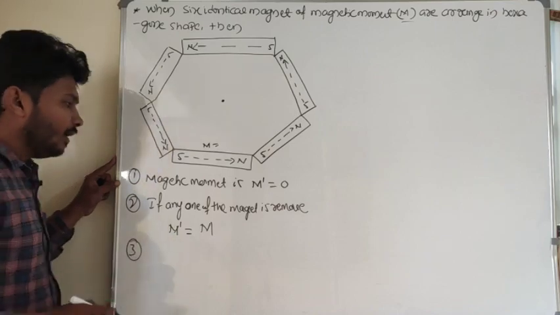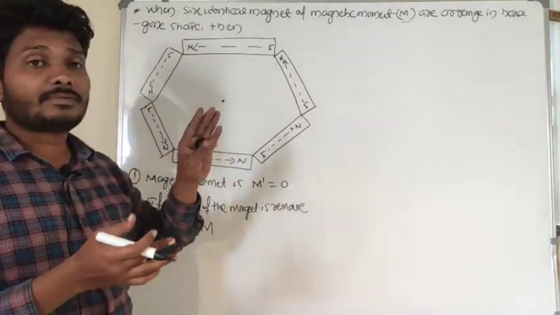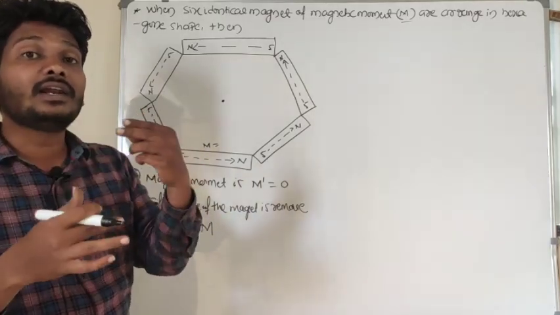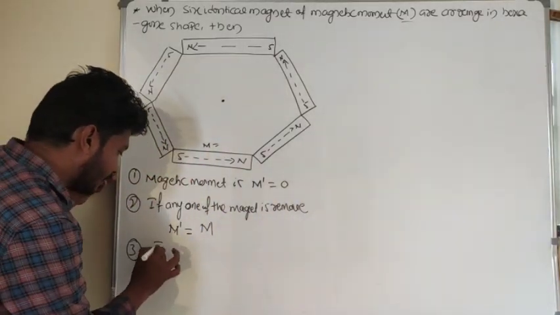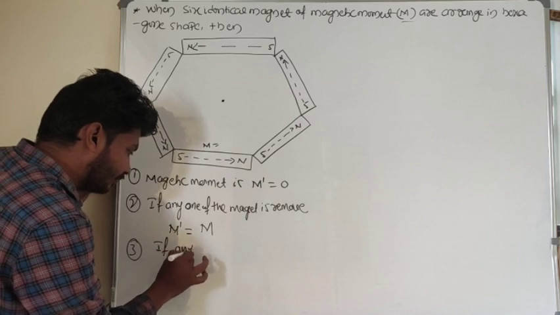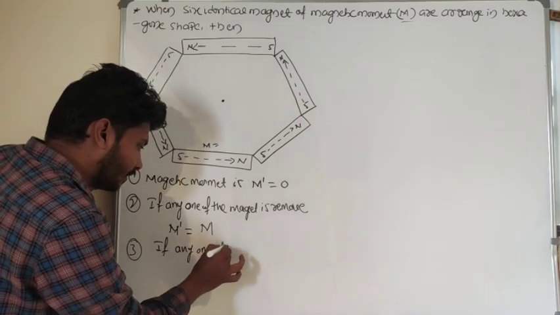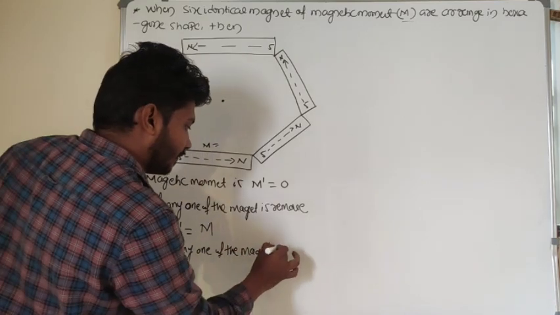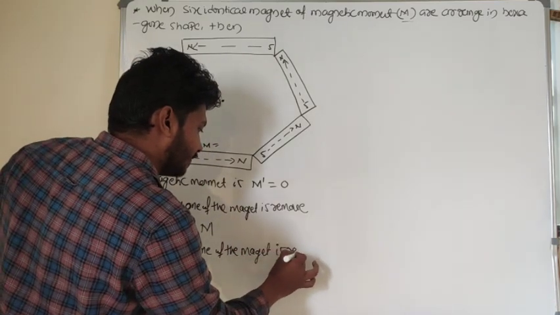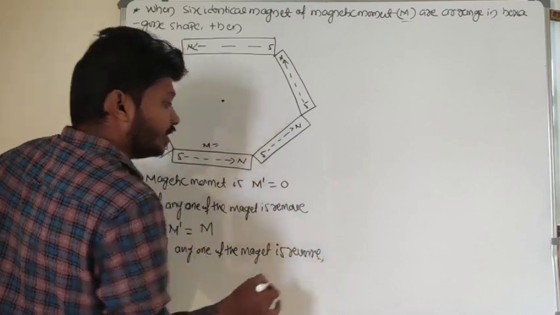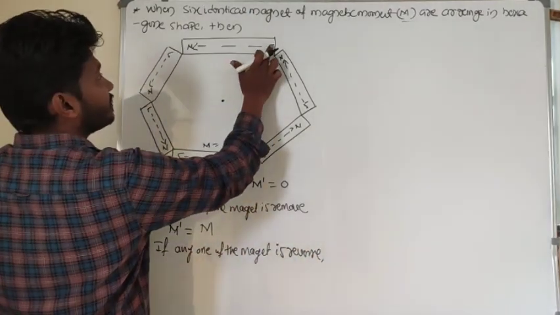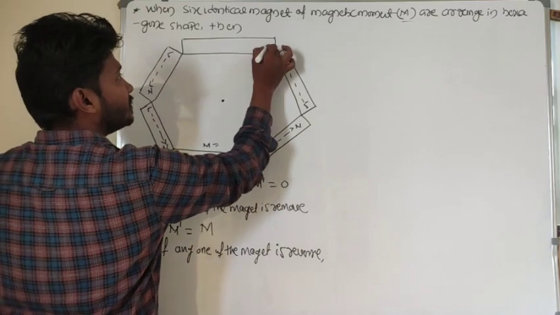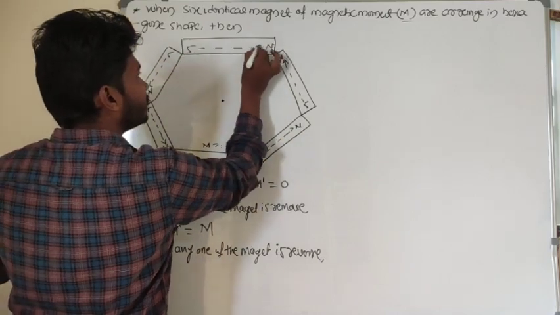Next, the third one. Now out of 6 magnets, any one of the magnets I will reverse here. Look at here, if any one of the magnets is reversed, I will reverse it, so this is north and this is south.